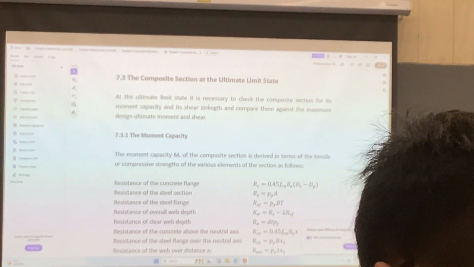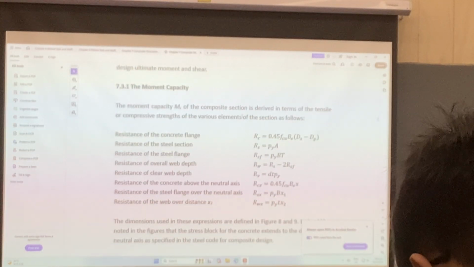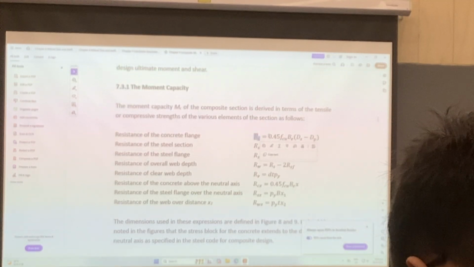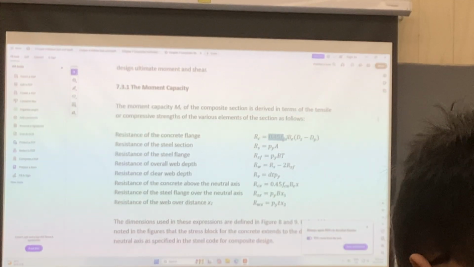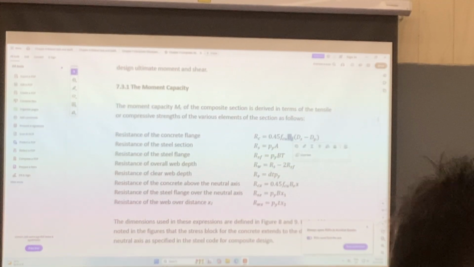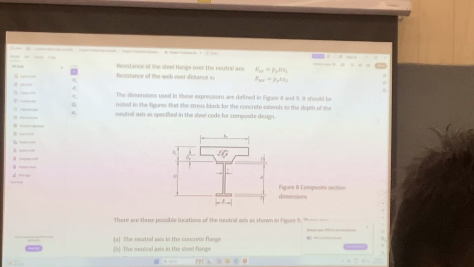Okay? So if we consider the total load in the concrete, actually it is equal to 0.45 FCU. This is the concrete strength. And then times the width BE, so the width BE is here.